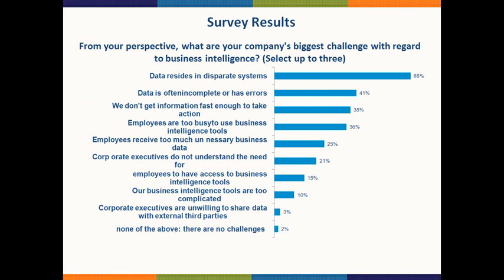So there were many options, and then this was the result. But the net is companies struggle in getting this information from various systems, and they are not able to provide that at different levels in the organization.